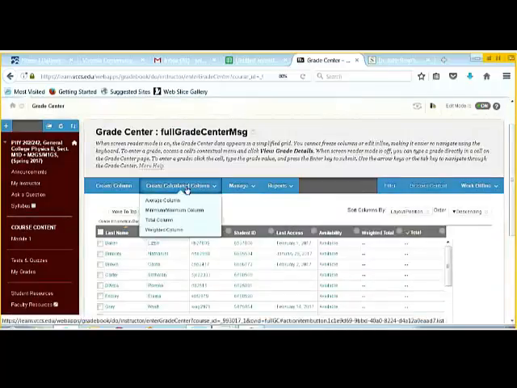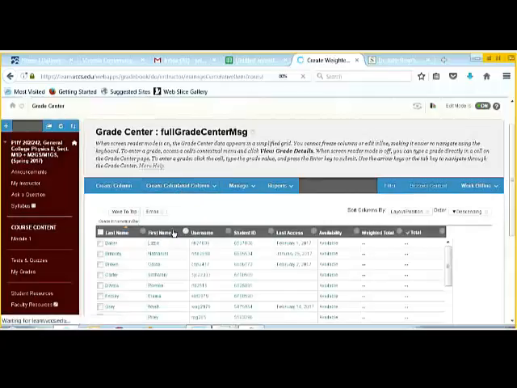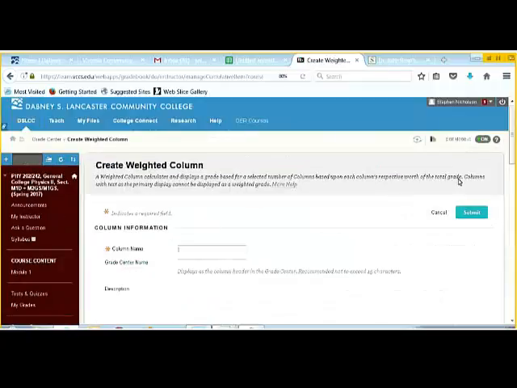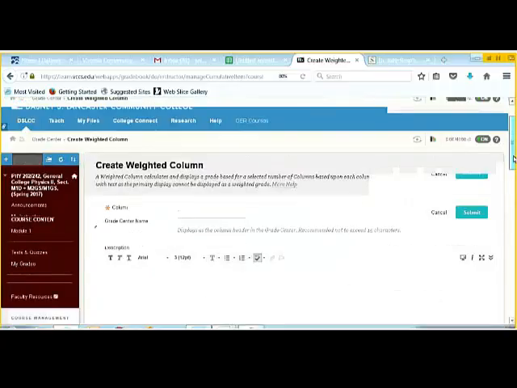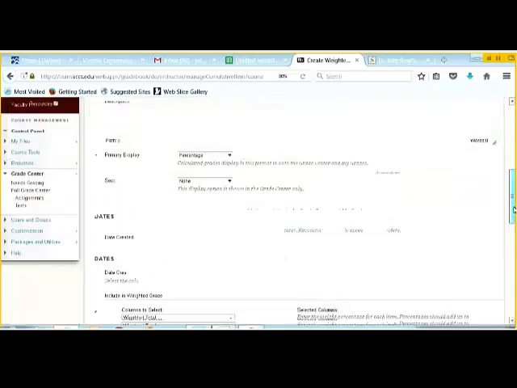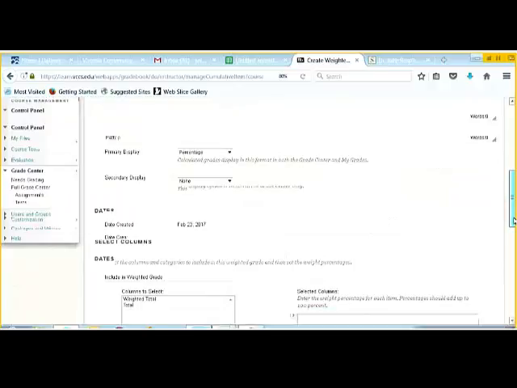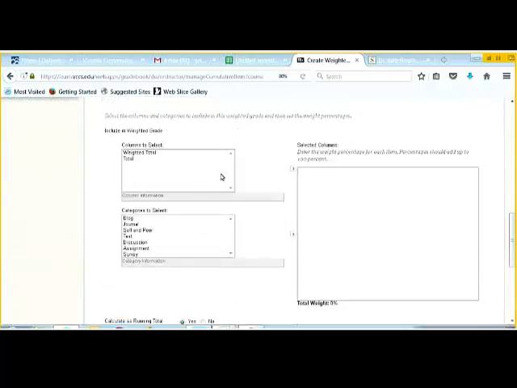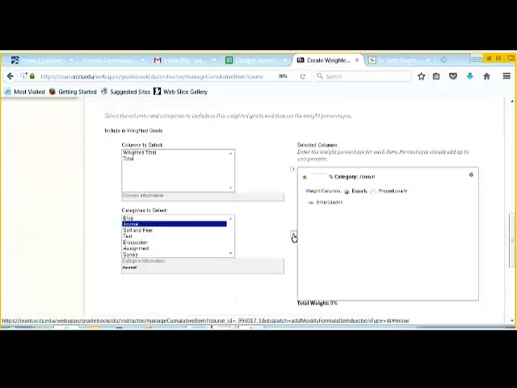What you can do is create a calculated column, and there's a weighted column, so you put your column name in, and then you go down here and pick what you want to include in your grading.